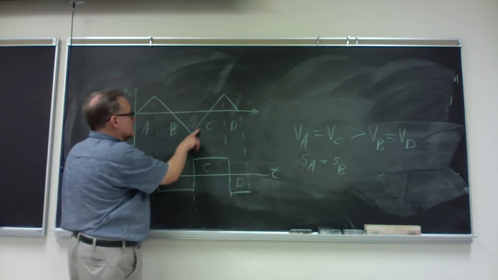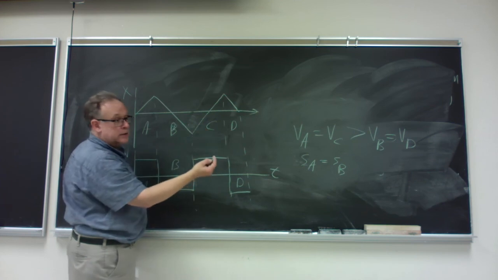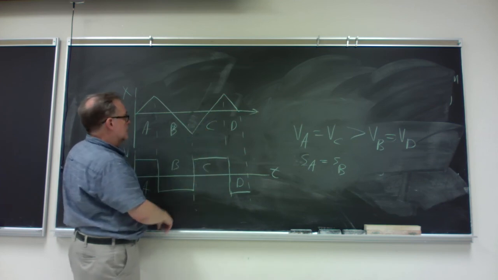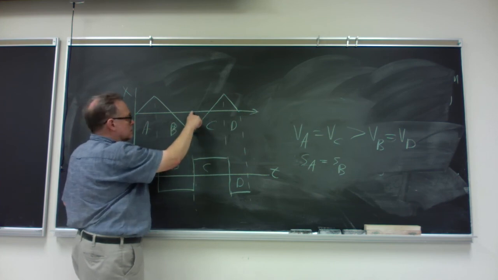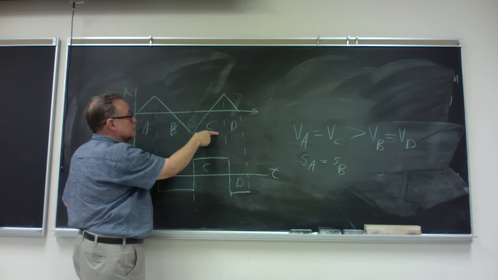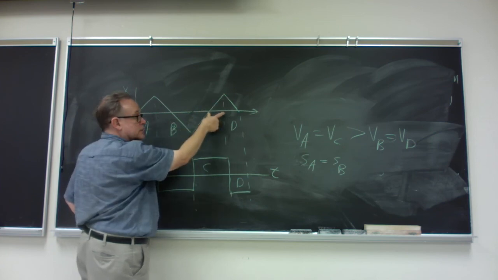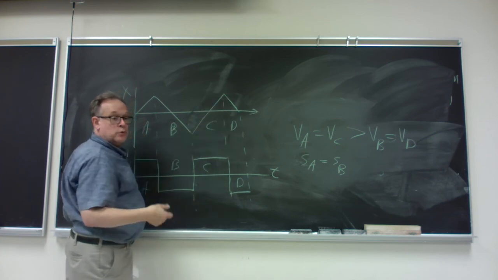And then C, exactly the same thing. You go this far, say 3 meters in 1 second, 3 meters in 1 second. So you go 3 meters in 1 second or 6 meters in 2 seconds.